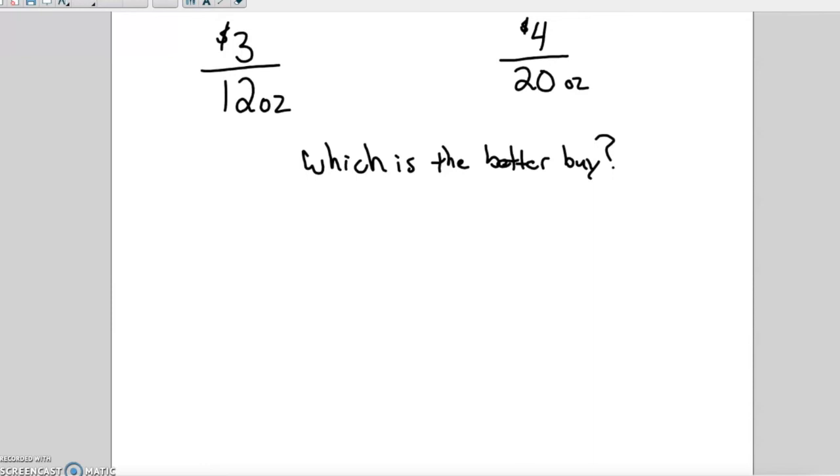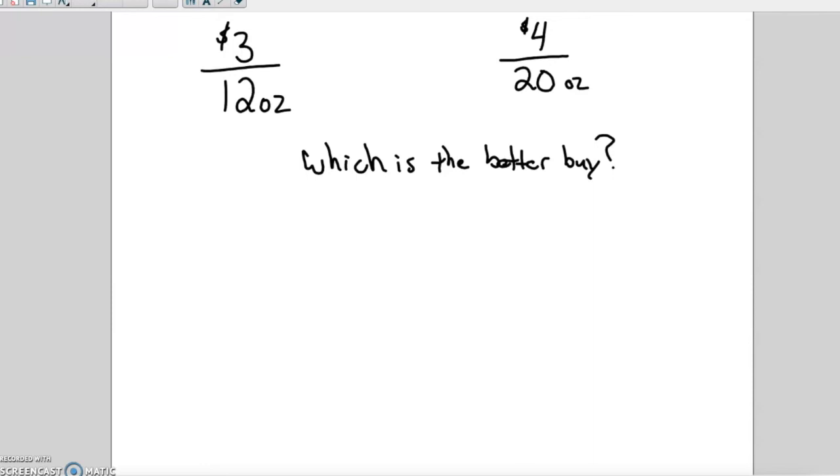I find the unit rate to see how much does it cost per ounce to see which one is the better buy. And most people say, well, the bigger one's always the better buy. Not necessarily, because sometimes the smaller one's on sale, and that could be a better deal, or it could be equal, or the big one still could be a better deal.